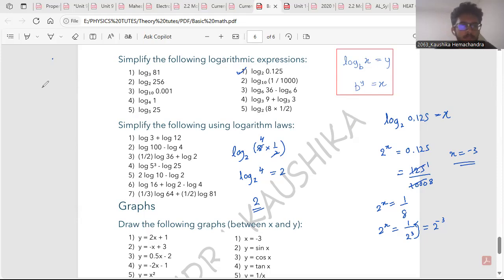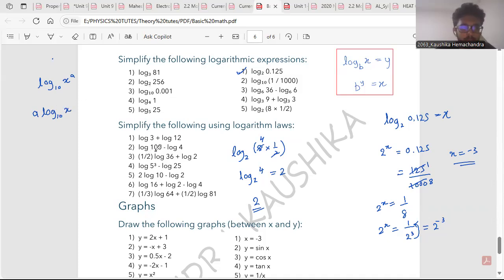So another way that you can write expressions is if you have something like log 10 and x to the power a, you can take this power to the front and write a log 10 x, right?